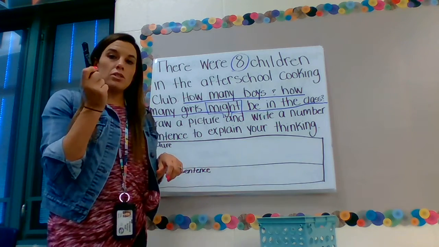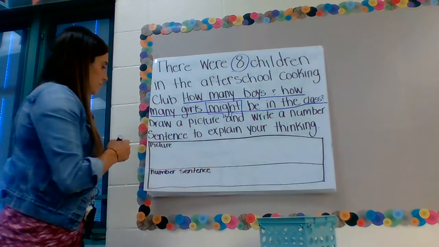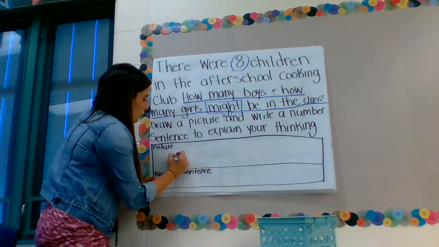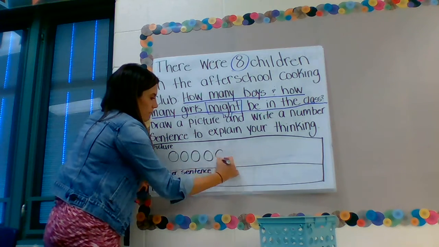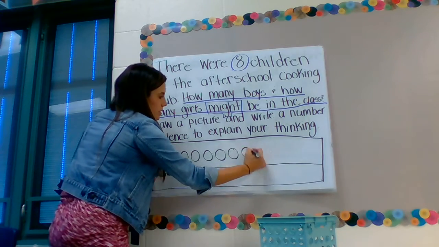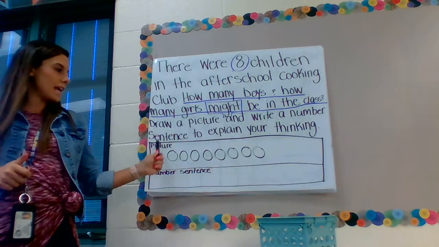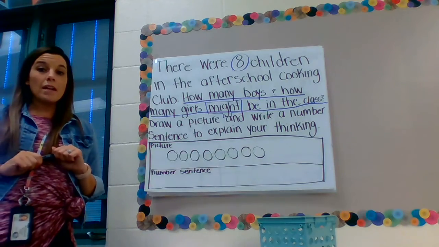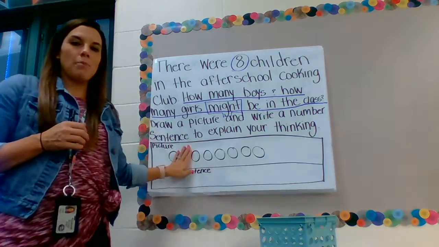So what I'm going to do, our total number is 8. So I'm going to draw 8 circles. 1, 2, 3, 4, 5, 6, 7, 8. There's my 8 circles. These are my 8 students. Then I'm not going to actually do it because I don't want you guys to just copy off of me.